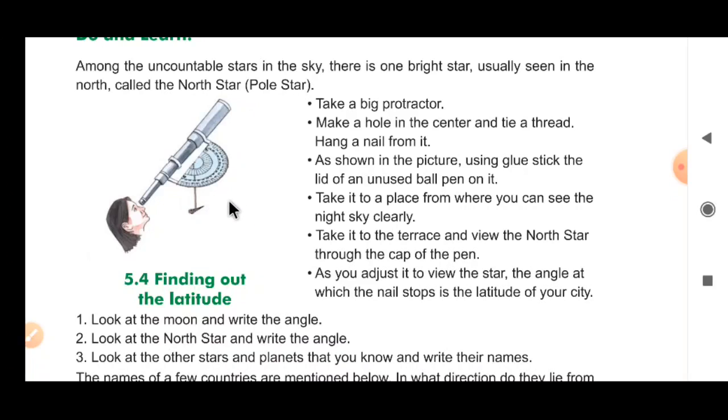Take it to a place where you can see the night sky clearly. From home we cannot see, so we have to go to the terrace and view the North Star through the cap of the pen. From this we can know the latitude of our city.